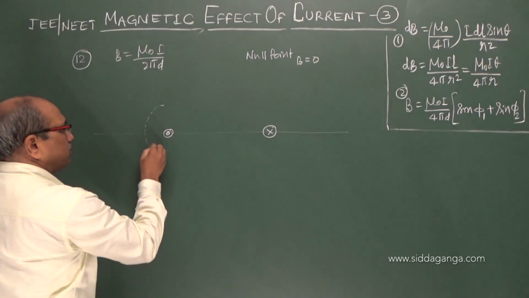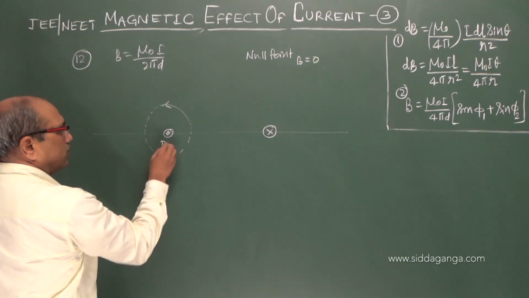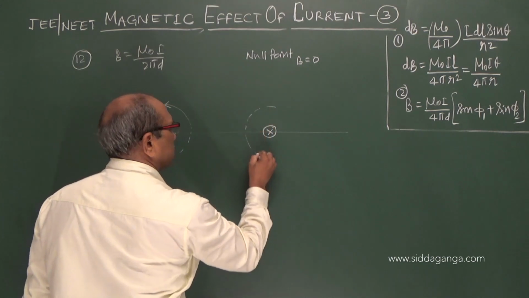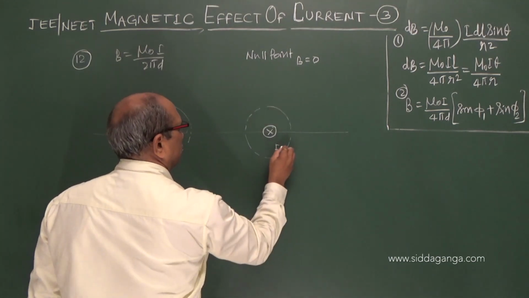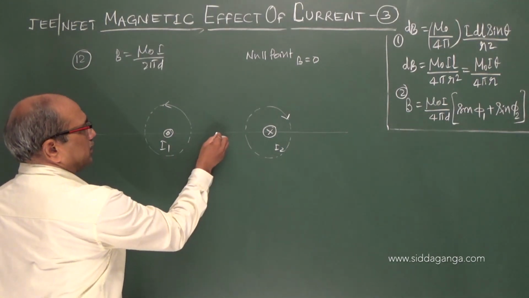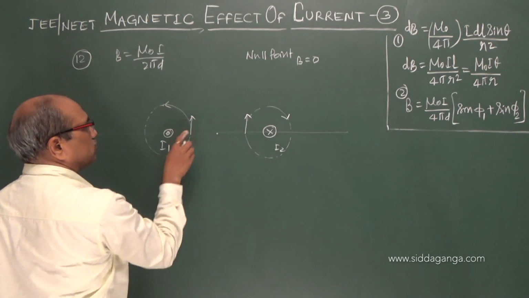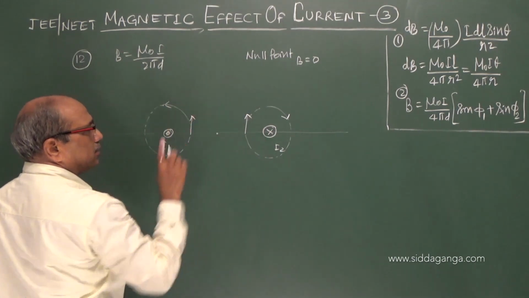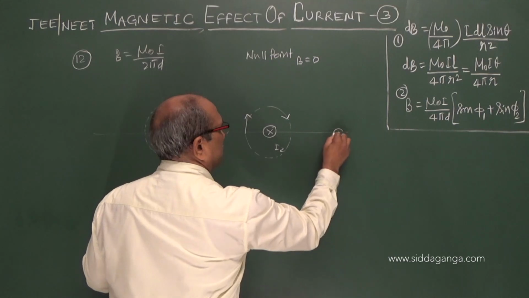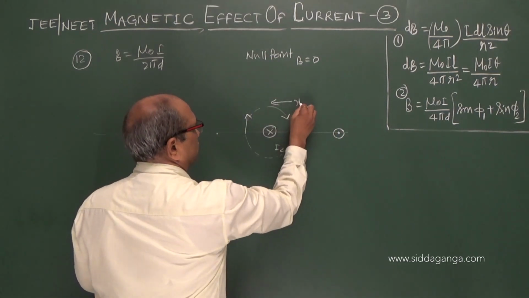In the case of the outward current, I1 gives an anti-clockwise field, whereas I2 gives a clockwise field. When you take any point inside, both fields point the same way, so there is no chance of getting the null point. But you can find a null point at a distance x from I2.